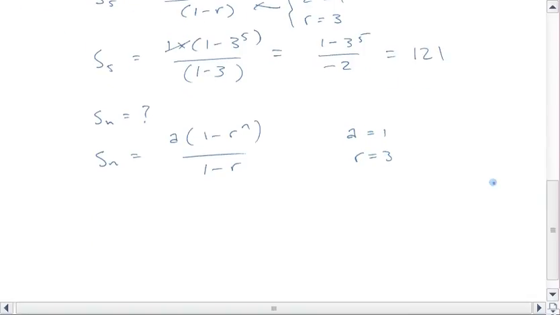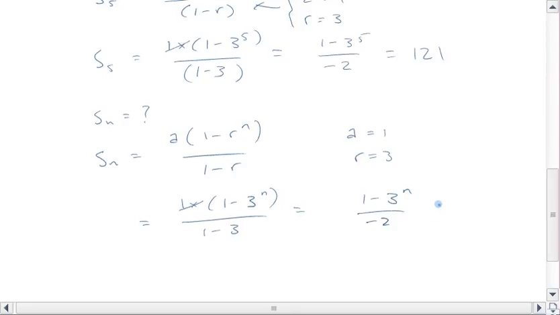So let's go 1 times (1 minus 3 to the power of n) divided by 1 minus 3. That's just negative 2. So it's 1 minus 3 to the power of n, divided by negative 2.